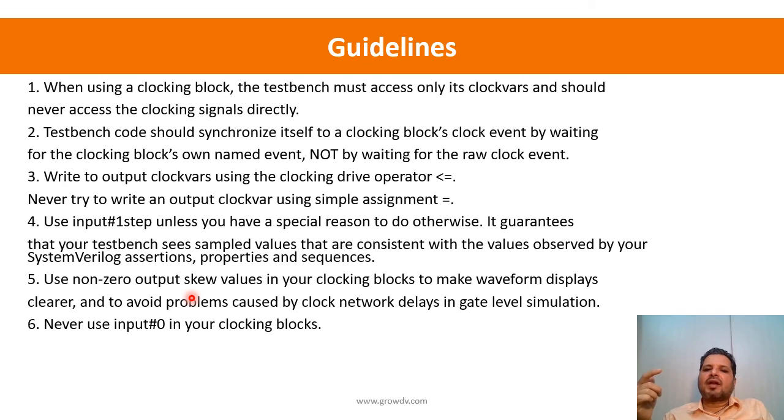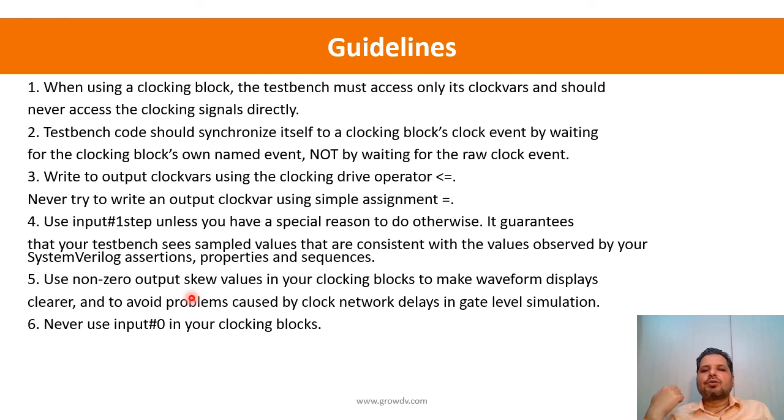And also, sometimes when you are performing gate level simulation, due to the clock network or your clock tree delays, the clock gets slightly shifted, and if you have the right output delays, then the value sampling will be correct. So that is another benefit that you get when you use the non-zero output skew values.